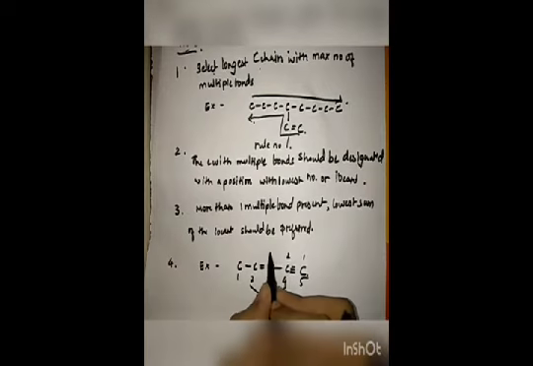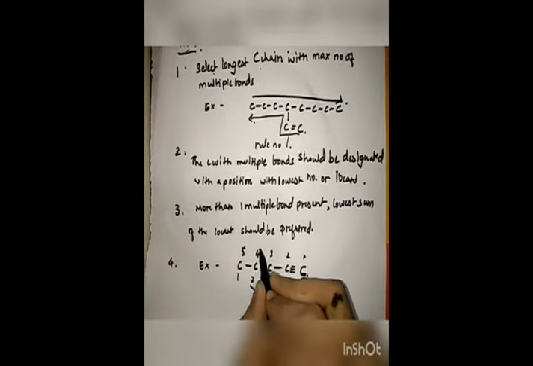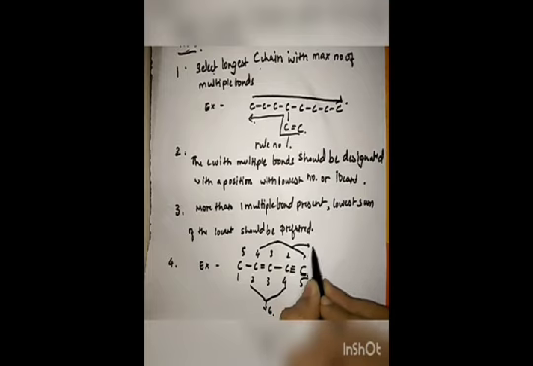So when we number it from left to right, the sum of this one will be 6. When we number it from right to left, the numbering will be 1 plus 4, 1 plus 3. 1 plus 3, it will be a 4.